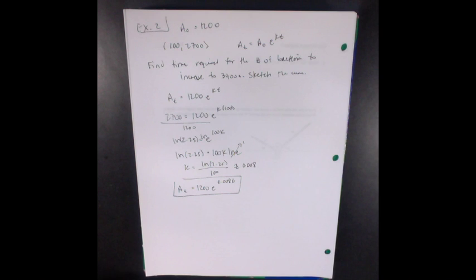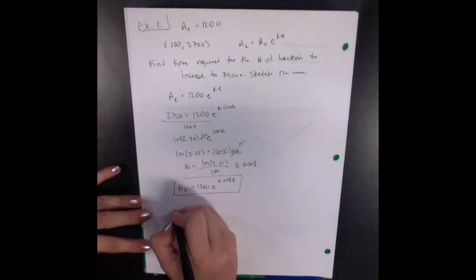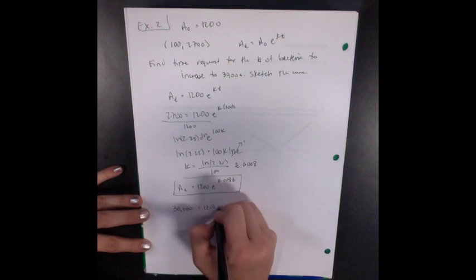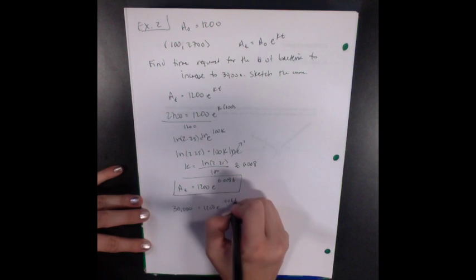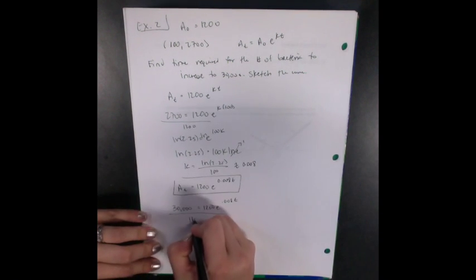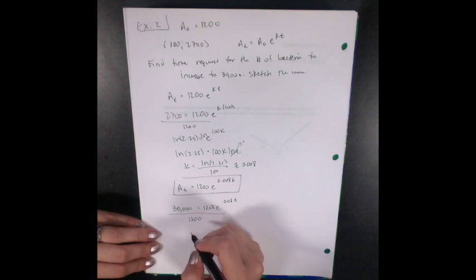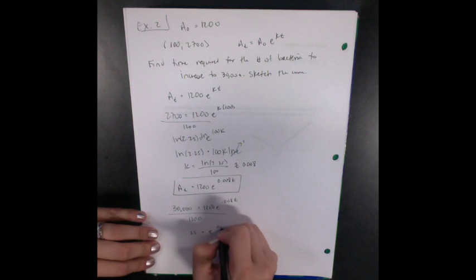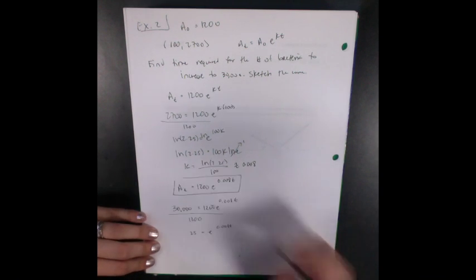Now it says find the time required for the number of bacteria to increase to 30,000. So I plug in 30,000 for A sub t, and I'm going to solve for t. If ever my variable is in the exponent, that's when you take the log or natural log of both sides. So I'm going to divide everything by 1,200, leaving me with 25 equals e to the 0.008t.